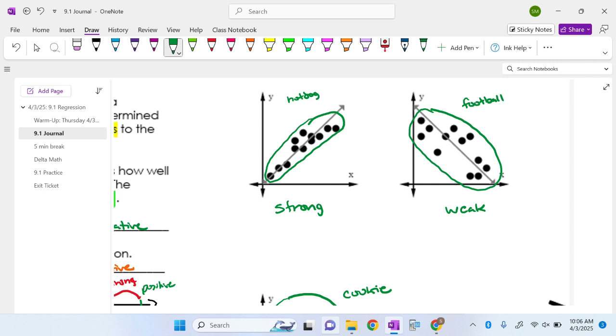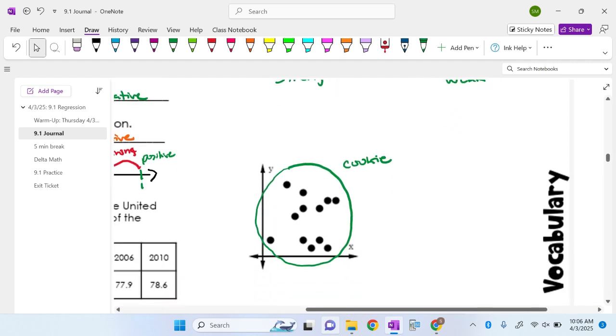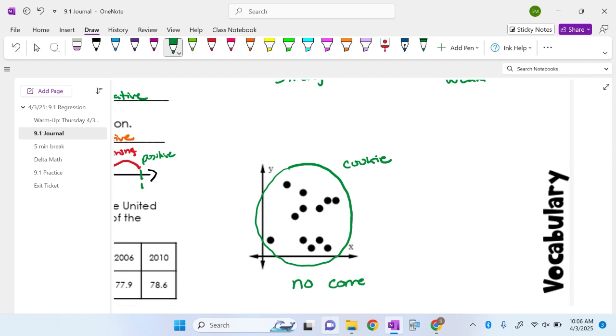So there is some correlation, but it's not the best correlation. It's not very strong. The relationship is not very close. And if you have a cookie, there's absolutely no correlation. It means that there's no way we could fit a linear function to it and be accurate about it. There's no true relationship between our two variables.